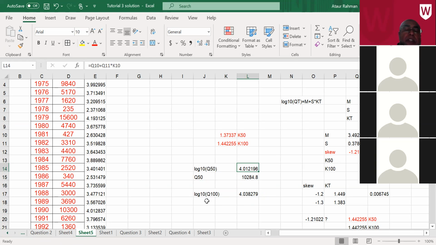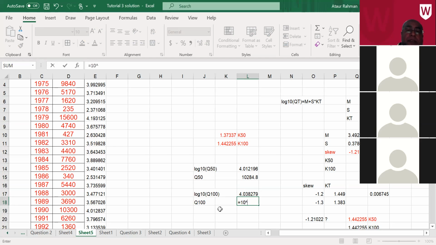So that is in the log domain. So we can find out Q100 equals 10 to the power of, so we are doing anti-log.